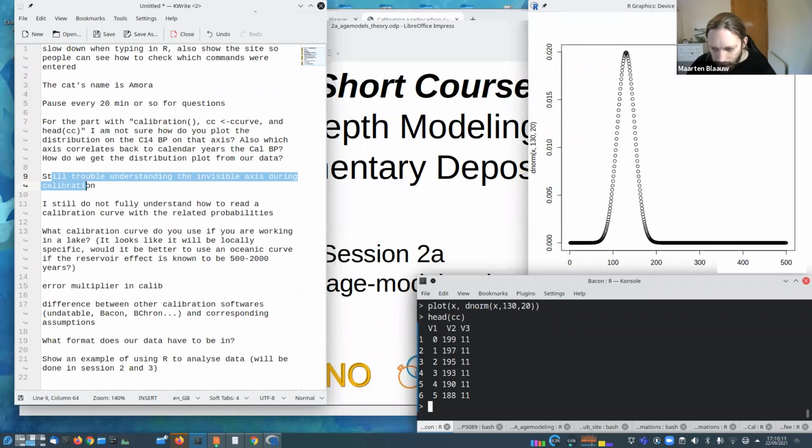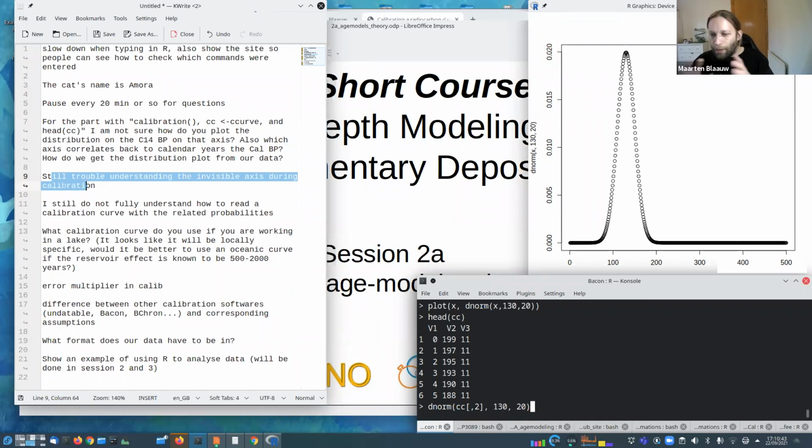Now, if I want to know for each calendar year what the normal distribution is for the radiocarbon year belonging to that calendar year, given the radiocarbon date, then I can ask for dnorm. The second column of the CC is the radiocarbon years, and I give the radiocarbon year, the uncalibrated date.